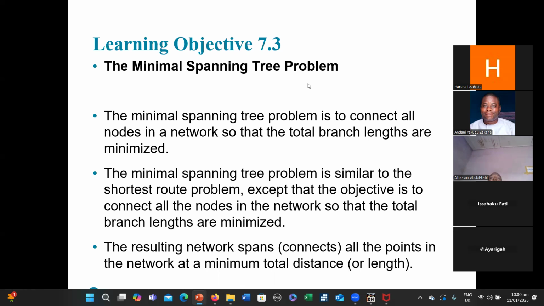And all the connections, that is, if we stretch the connections across all the nodes, what will be the shortest in terms of the span?